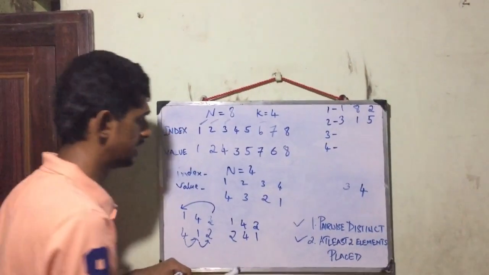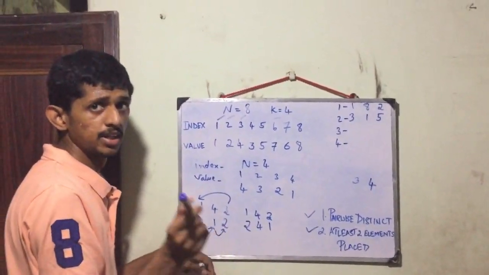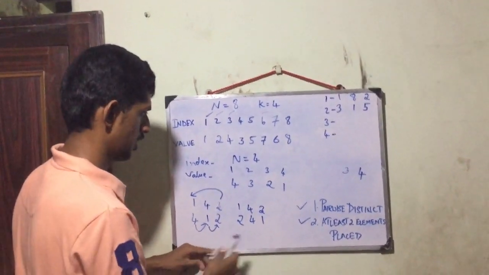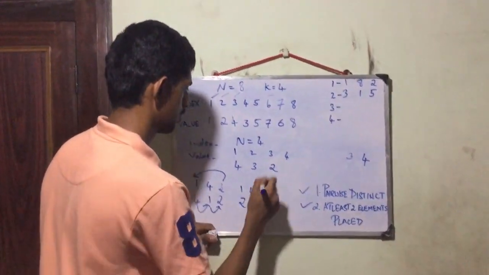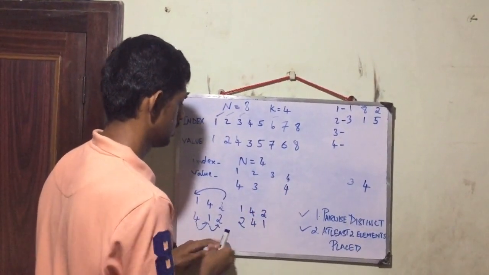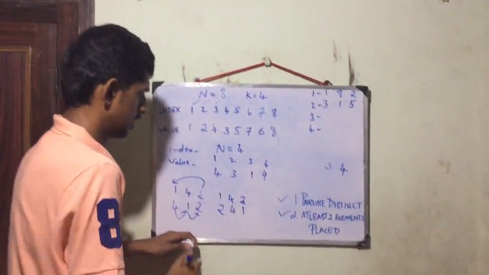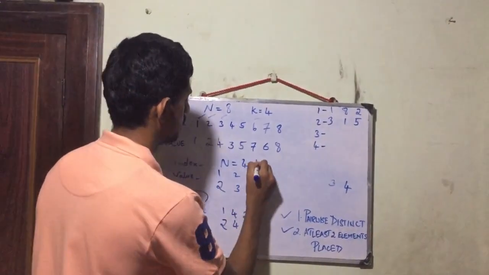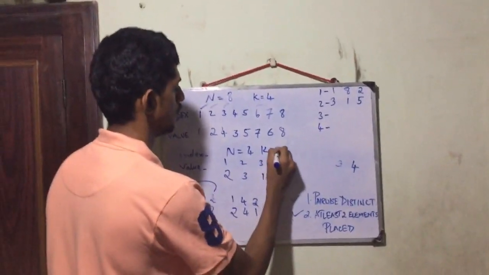So now you can see that only one value is placed, but it's okay. Now I am going to change the values. In the fourth index you have 4. In the third index you have value 1, and then in the first index you have the value 2. For this, k is equal to 4 by 2, that is 2.